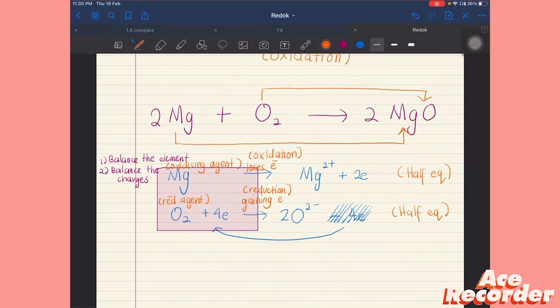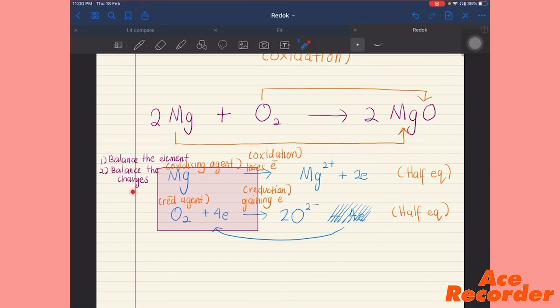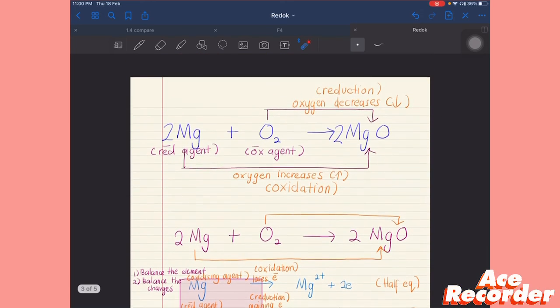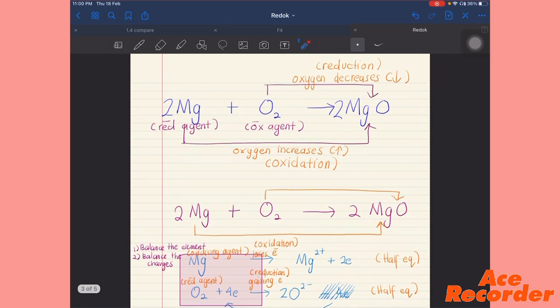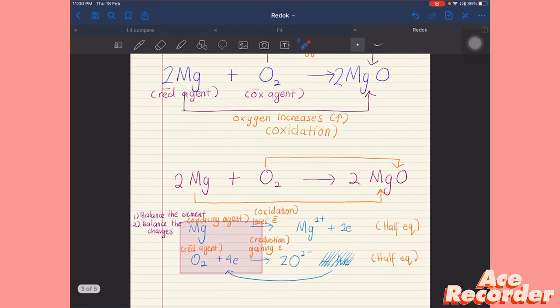Okay, so therefore, again, oxidation and reduction happen simultaneously. So this is an example of a redox reaction. And this answer, compared to the previous method, you get the same answer, even though a different method.